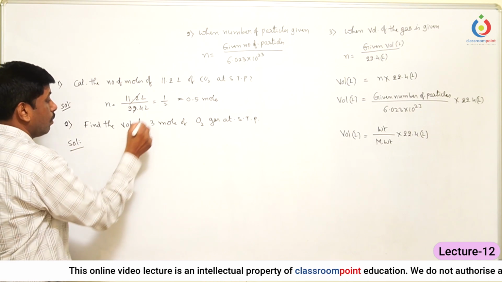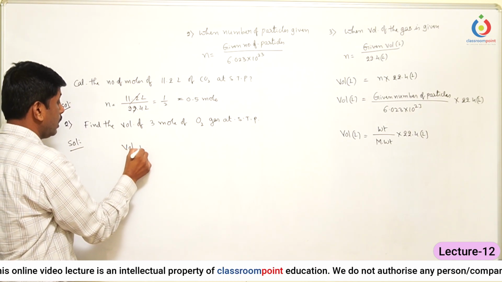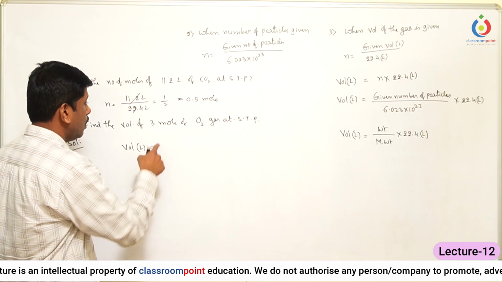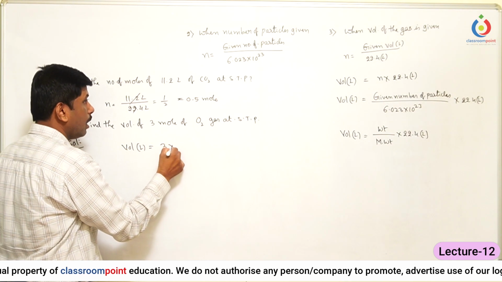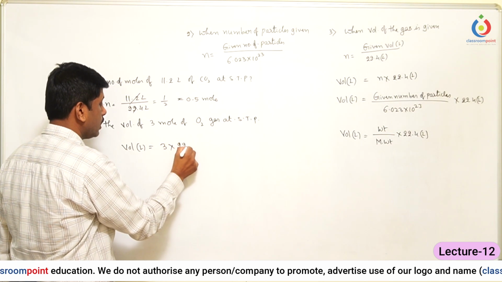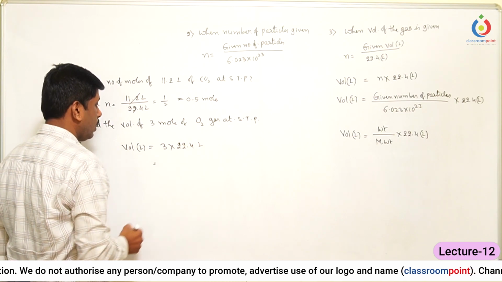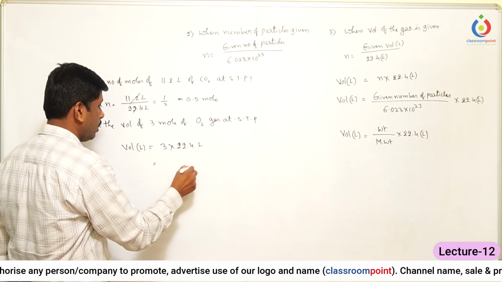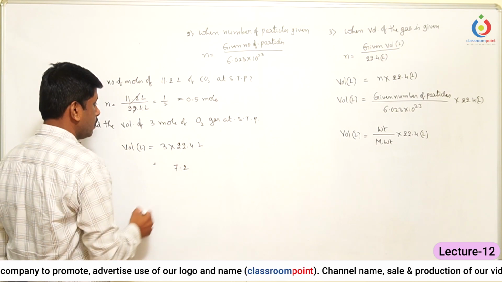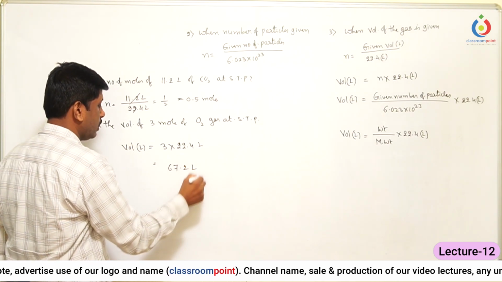So volume in liters equals given number of moles 3 into STP volume 22.4 liters. So this is equals to 67.2 liters.